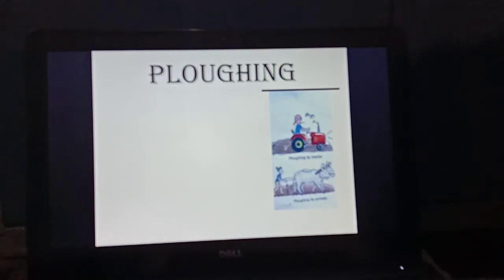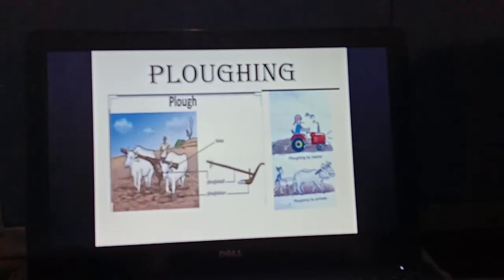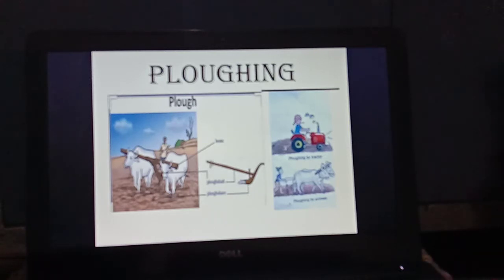What are the advantages of plowing? Number first, loose soil allows roots to grow deep into the soil and support plants. Number two, plowing aerates the soil. This allows the roots to breathe easily.